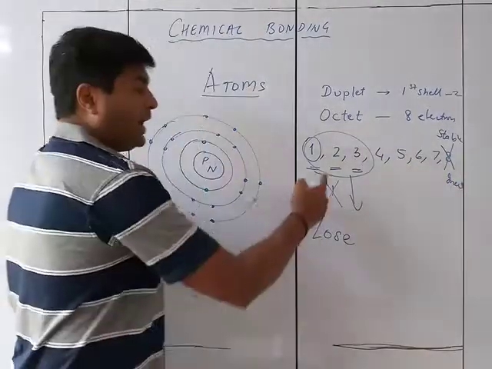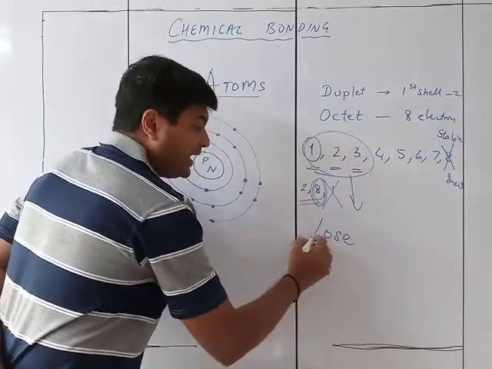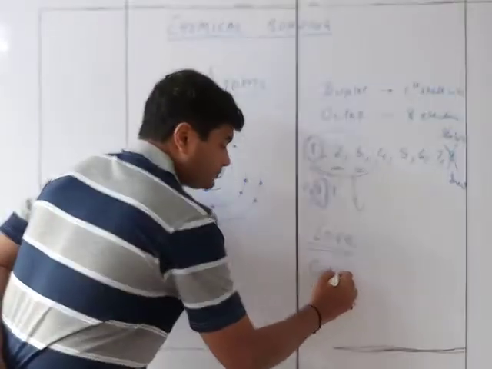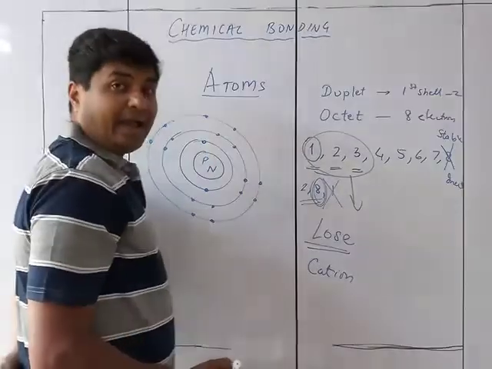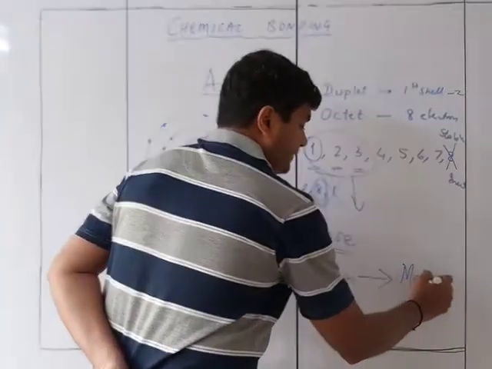So that is why after losing electrons, they become a cation. So they are going to form a cation, and hence they are called metals.